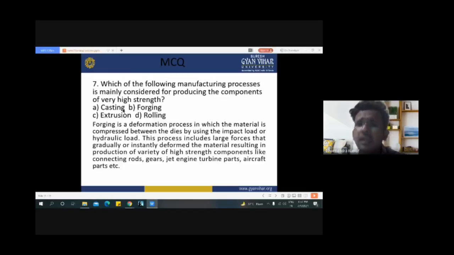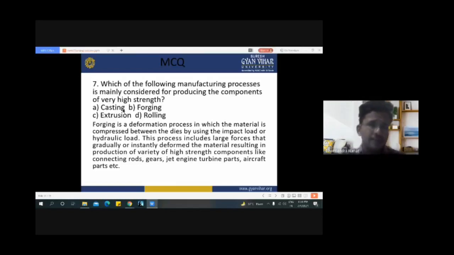Next question: which of the following manufacturing processes is mainly considered for producing components of very high strength? In the casting process, we simply cast the component into a die. In the forging process we use hammers, either in closed die forging or open die forging. In the extrusion process, we simply squeeze the material by applying force on a ram.